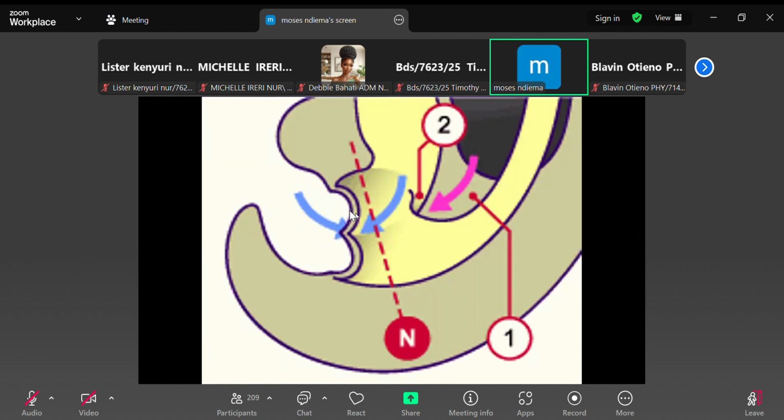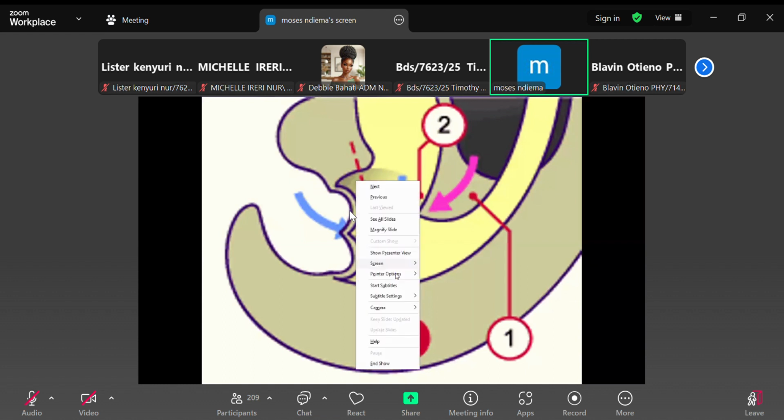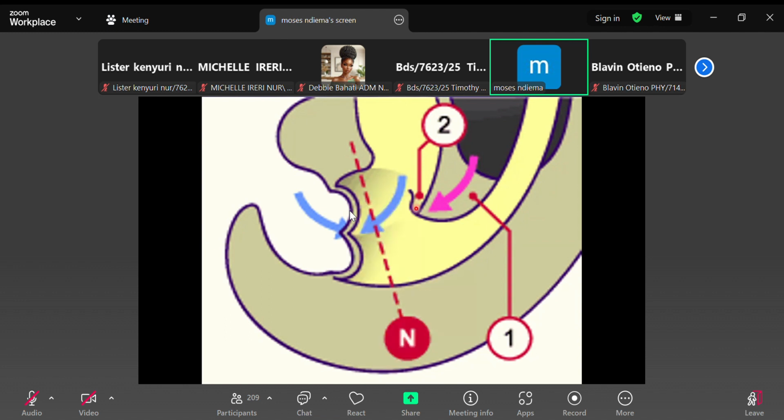Sometimes the urorectal septum might not completely extend up to the cloacal membrane, or it will fuse distally but have a hole.